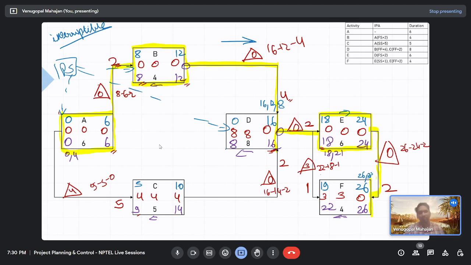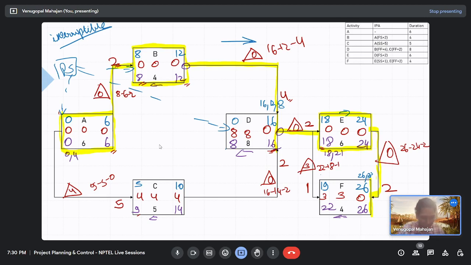The question is in front of you, values are in front of you. What do you think? If the splitting of activities was not allowed, will the duration increase, decrease, or remain the same? Can you repeat the question one more time?